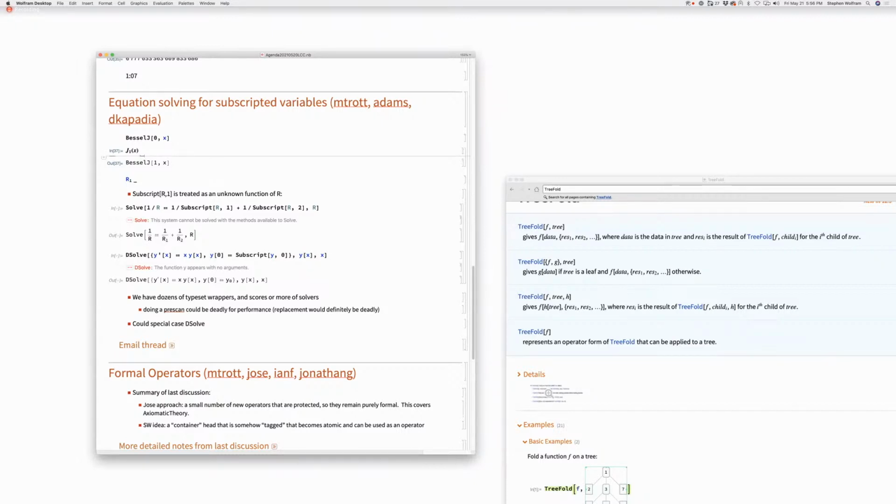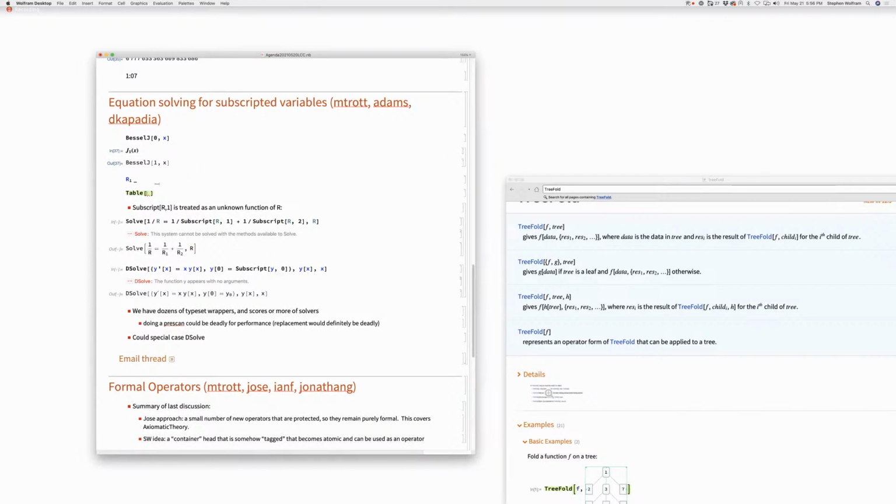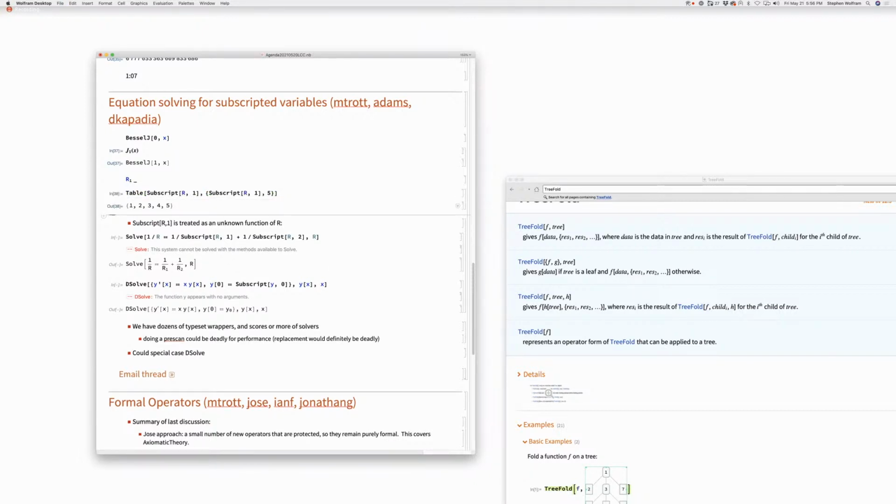Okay. So let's discuss the possibility that all typeset constructs become essentially black boxes for purposes of mathematical operations. And potentially, what happens if I say Table? Oh, that did work. I love that.